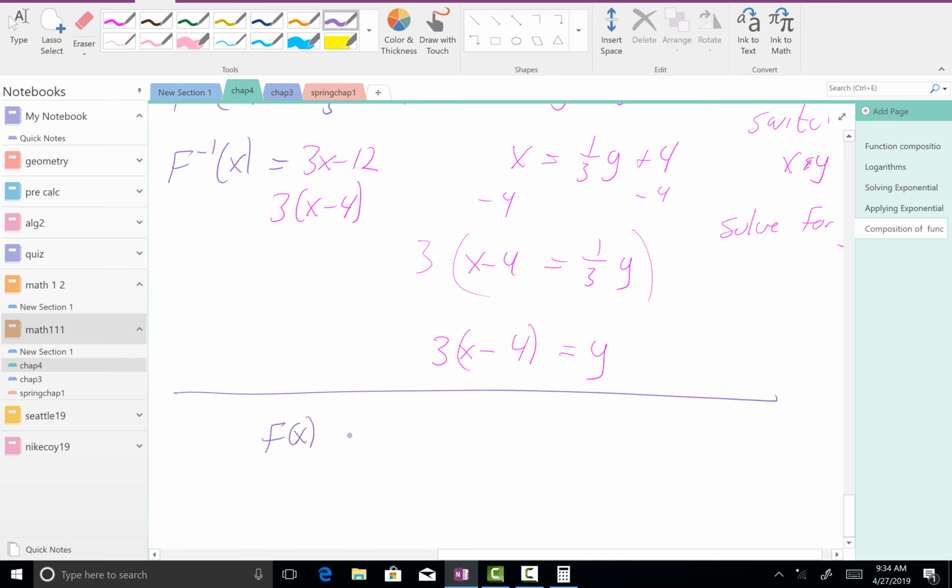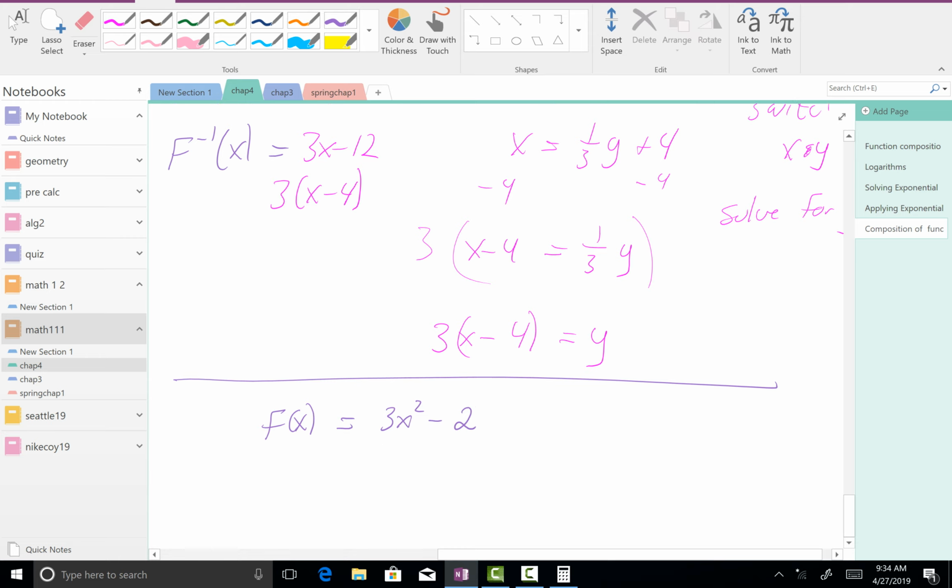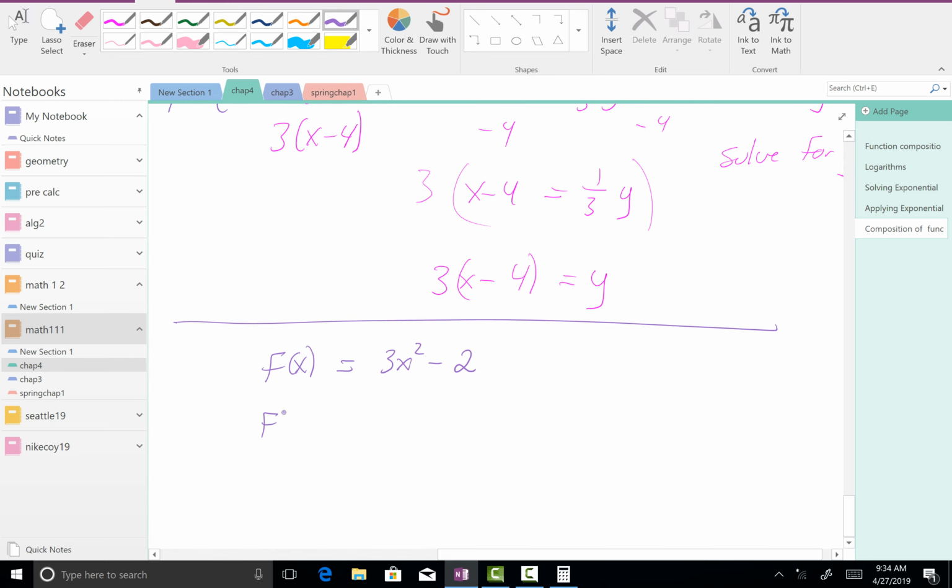Now, let's try one. Again, you could probably still do this using the whole idea of undoing and reversing order.